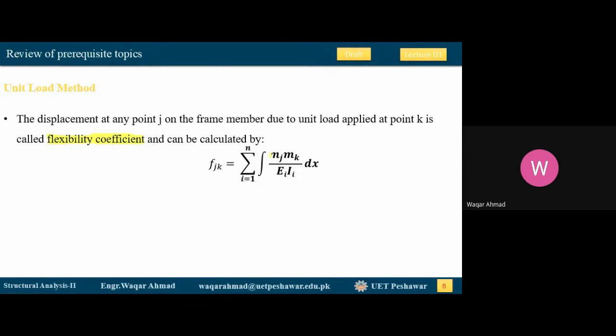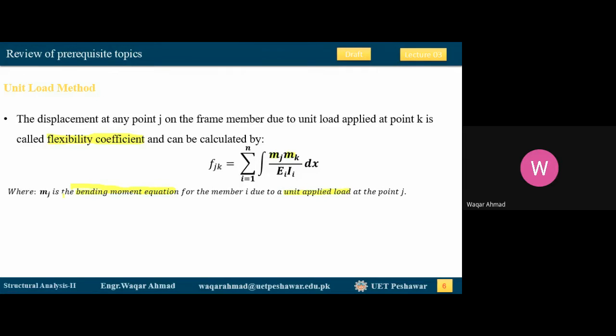In the previous case, there was a capital M, but in case of flexibility coefficients, we will be using the small m both times. So you will not need to write any bending moment equation due to the externally applied load. Both times you will be writing the bending moment equation for the member due to a unit load.